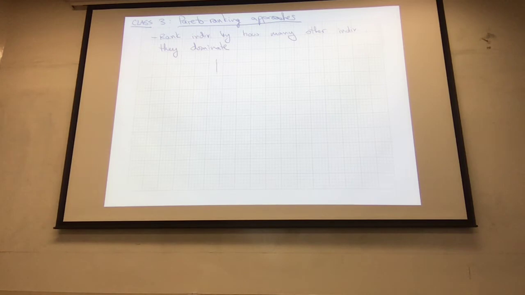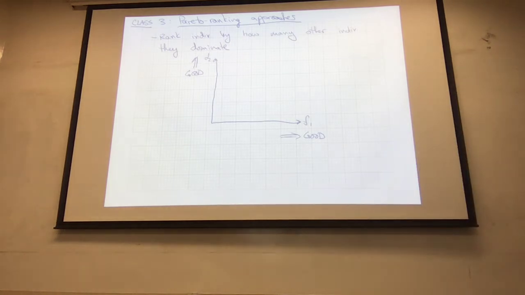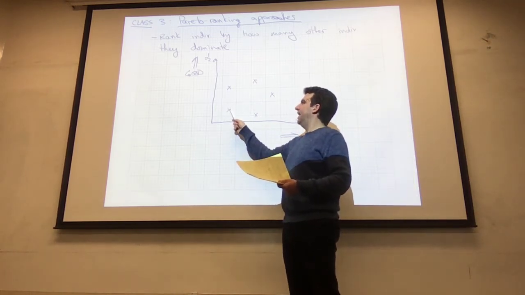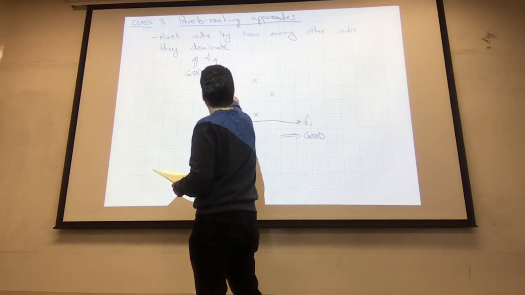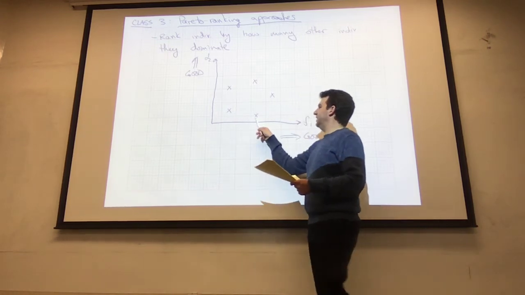If you want to picture that, in that F1, F2 space, where it's better to be bigger in both F1 and F2, and I have a bunch of individuals scattered along this, one up here, one down here, one over here, then I can ask for each one of those.